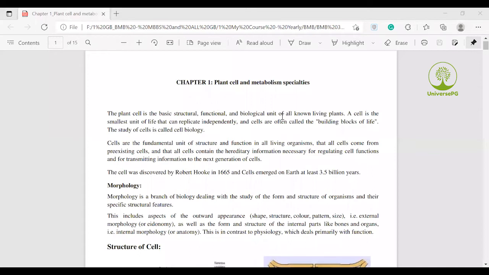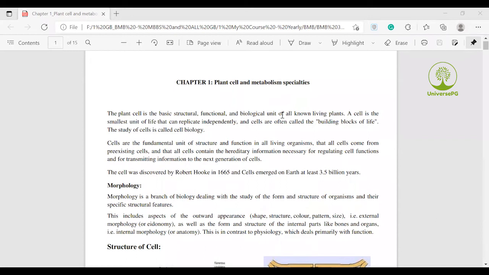And you know our course is plant biochemistry, so we individually also read plant cell. Cell is the basic structural and functional unit of life. But when we read plant cell, we know plant cell is a eukaryotic cell.